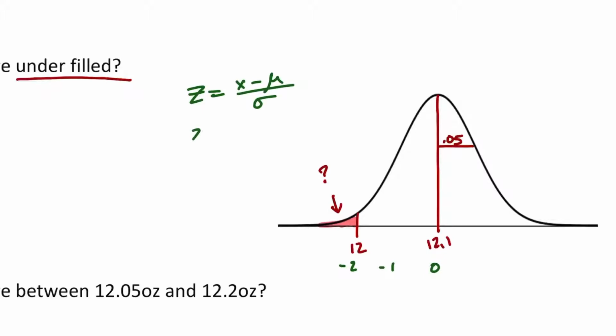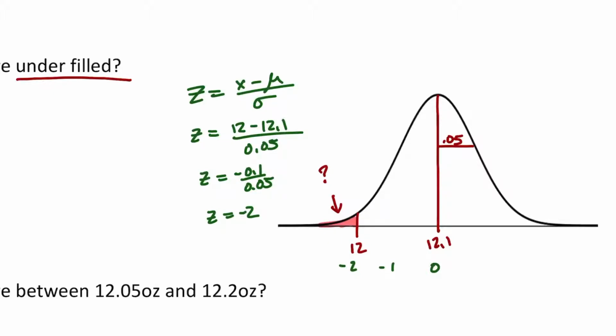So my x is 12, my mean is 12.1, and my standard deviation is 0.05. So this tells me that z is -0.1 over 0.05, which simplifies to be just -2.